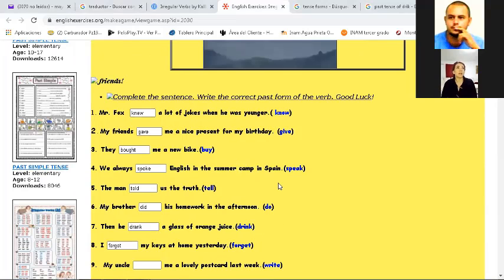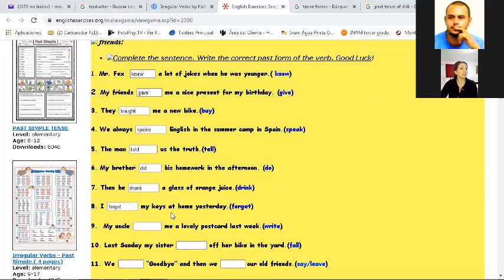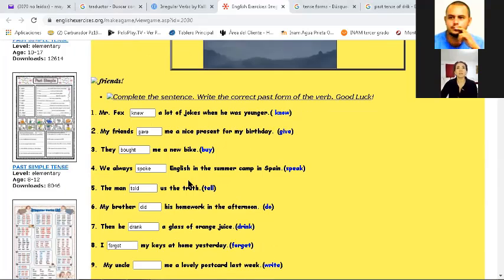Okay, complete the sentence. Write the correct past form of the verb. Here we have some sentences and we have a space here. I already filled some of them.